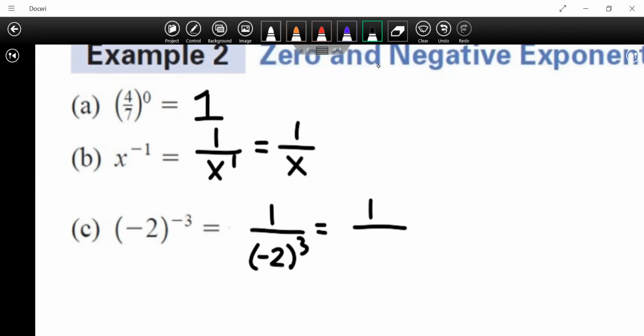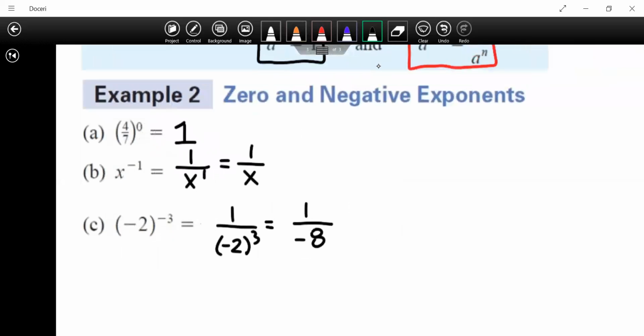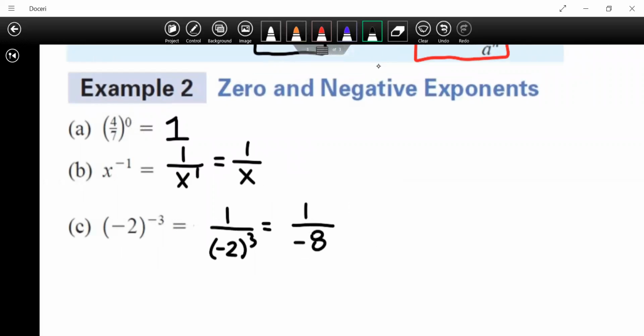Positive or negative? -8. I do want you guys to simplify as best as you can. If you guys need help with that, please let me know. In this case, we cannot simplify it because 1/8 is already simplified. Okay, here we go. We're going to do more problems.